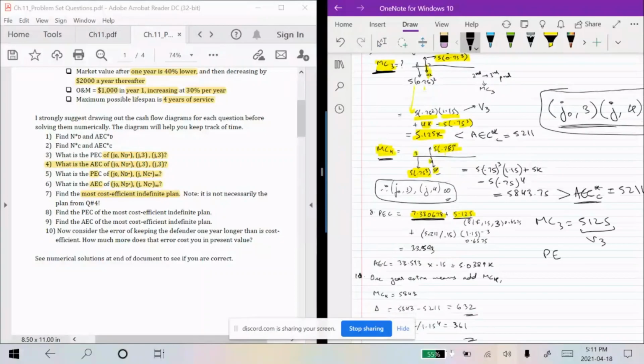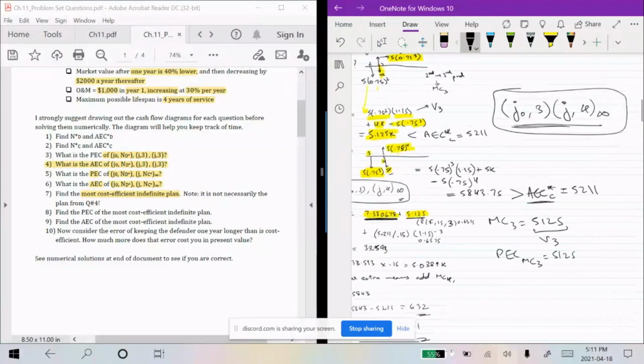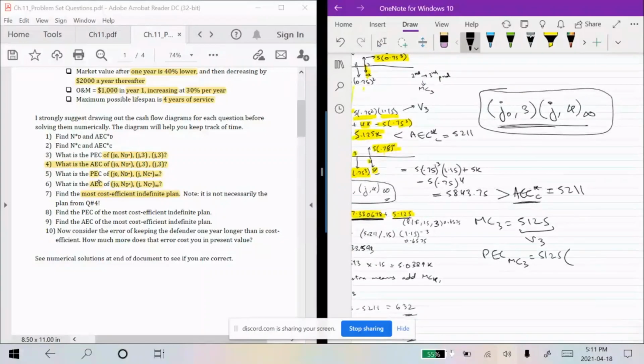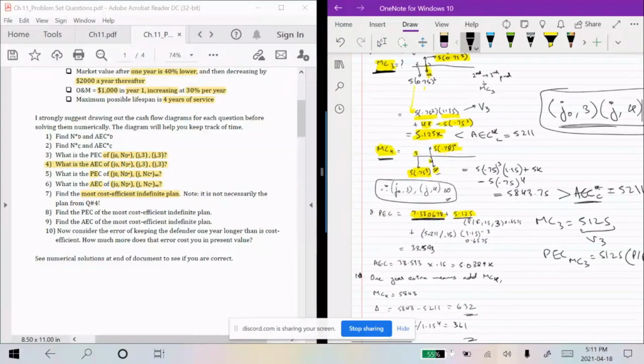So the present worth of this MC3 is going to be 5125 and drag it back. So find P given F, 15%, and 3 periods back. So that's what I did here, if you see this. Okay, so that would conclude it for the defender part of the plan.